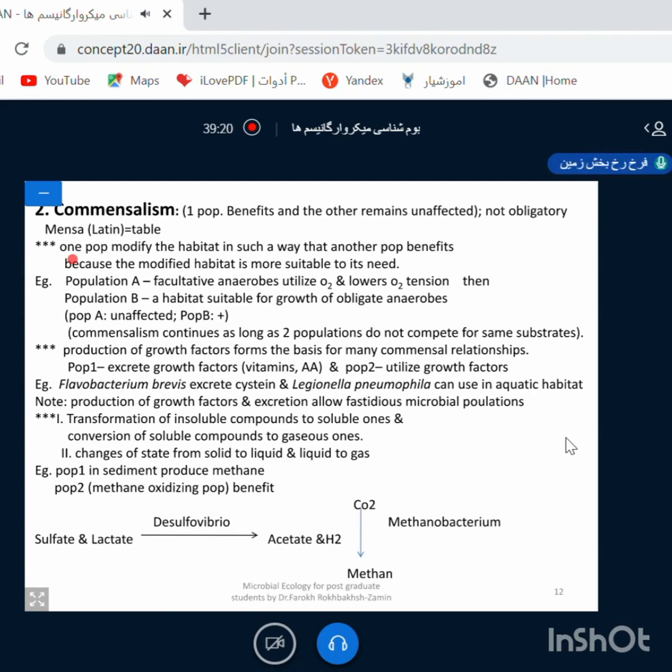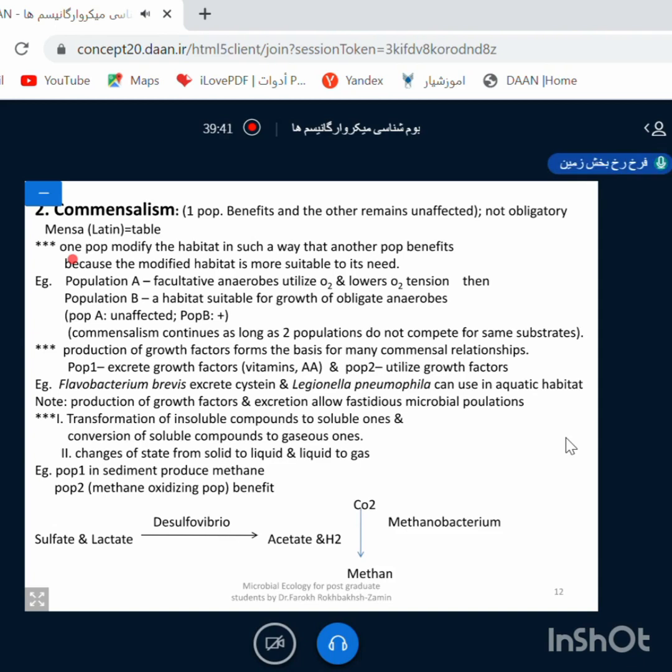Now you inoculate a facultative anaerobe. A facultative anaerobe can grow in the presence and in the absence of oxygen. So now you have two populations.